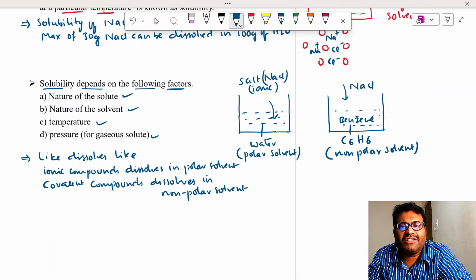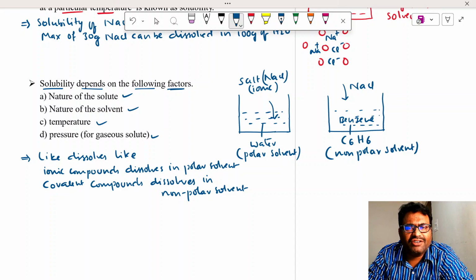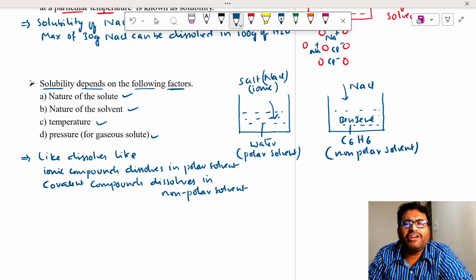In water, salt dissolves. In benzene, is it dissolving? No, because we have changed the solvent. So the solubility of NaCl in benzene is equal to 0, whereas in water, is it zero? No. So it depends upon the nature of the solvent.